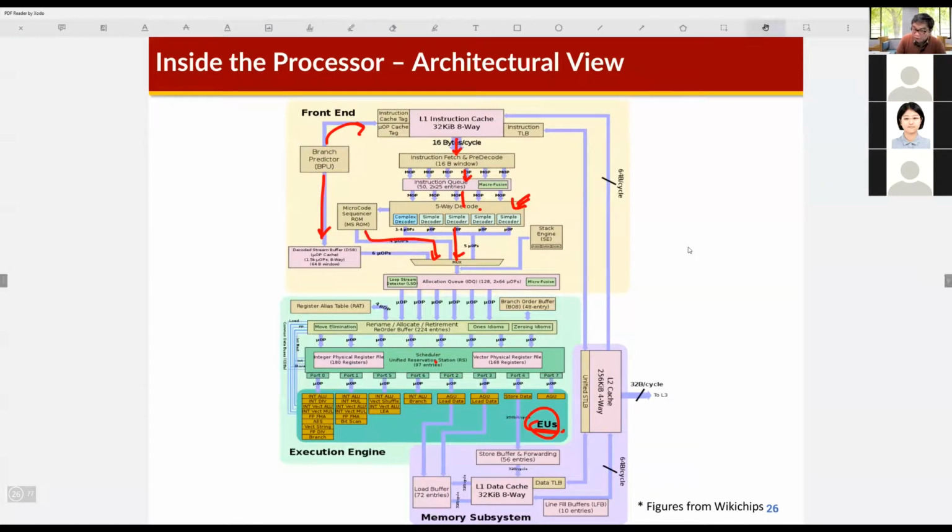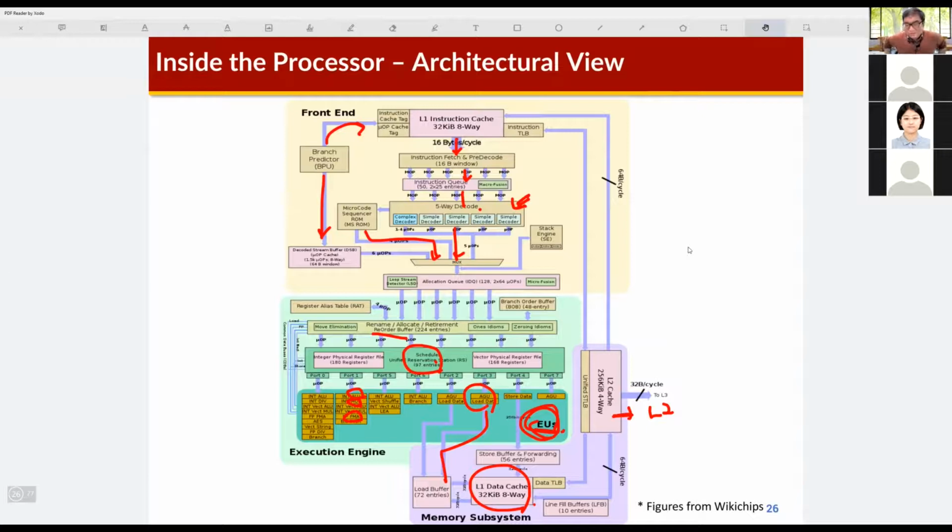OP means operations, OP code. These OP codes are provided to the reorder buffer, scheduler, and execution engine. In the execution engines, you can find the ALU, multiplier, floating point. There is also the level 2 cache. You can find that the level 1 cache is connected to the AGU and loading instruction.